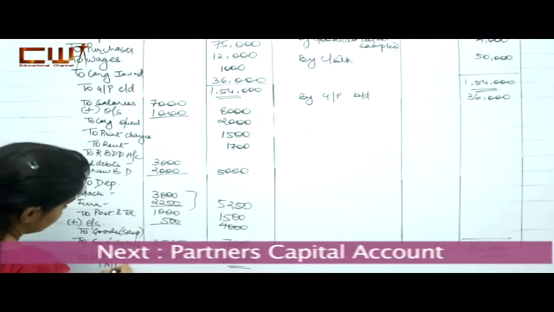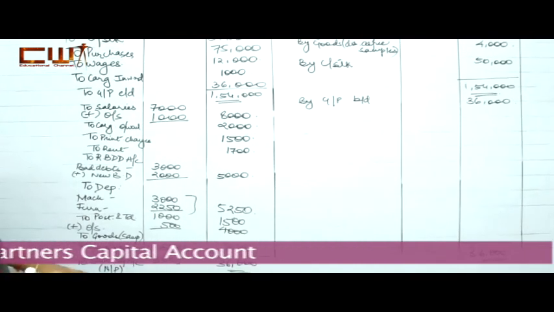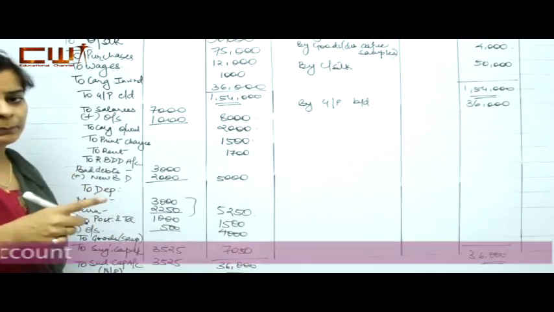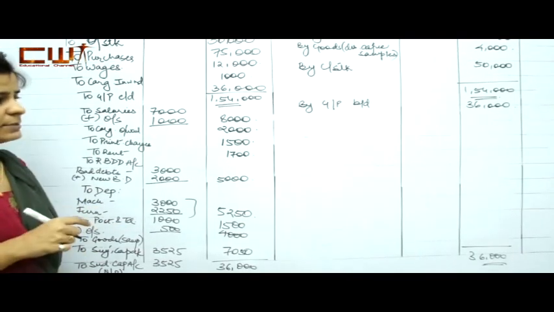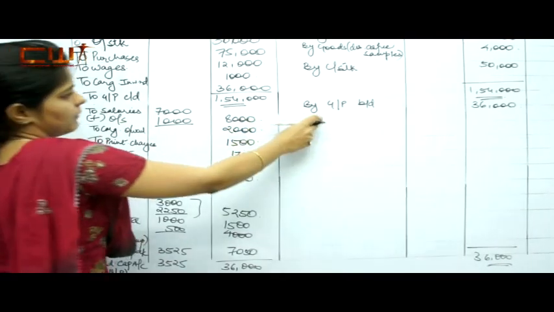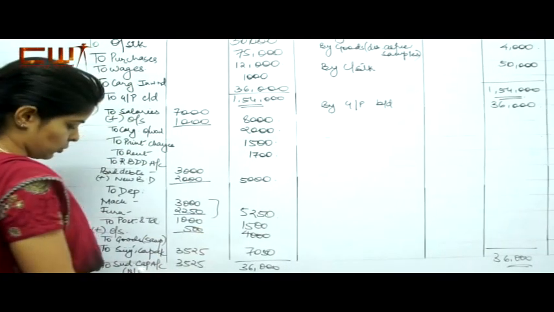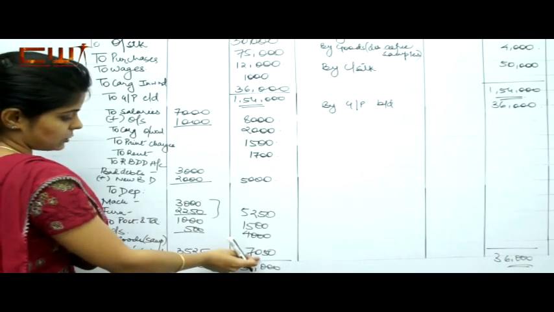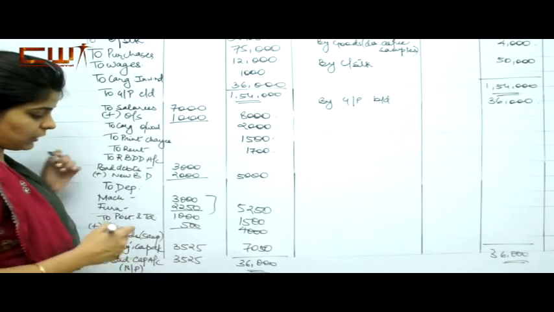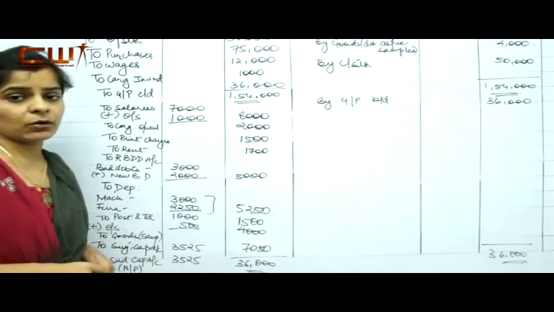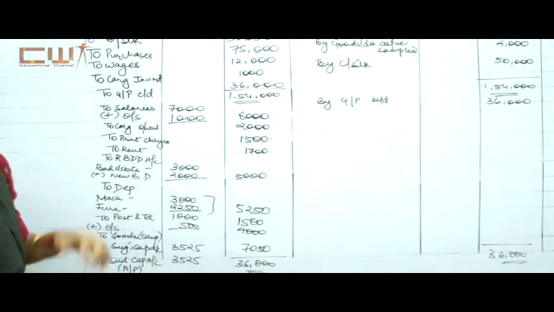This is the net profit that will be added to the capital account when you prepare the balance sheet. If you have a net loss, that will be subtracted. You don't have to do anything with the gross profit, that is already included. So net profit is 7050 divided between the two partners equally with the figure of 3525. Let's now make the partners' capital account and balance sheet.